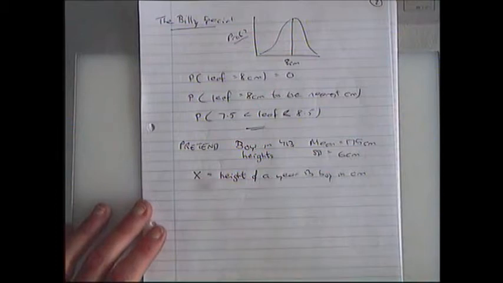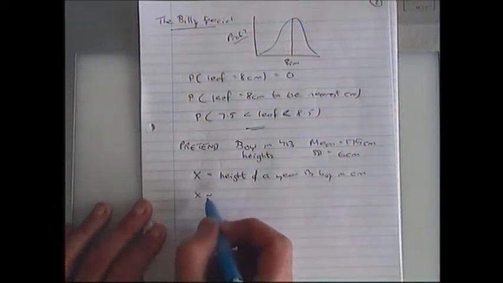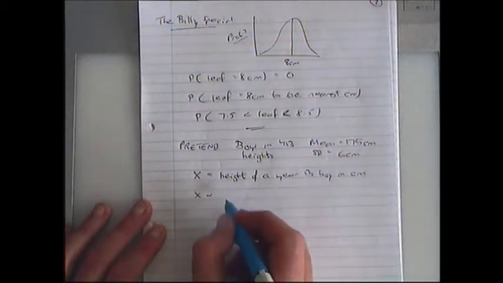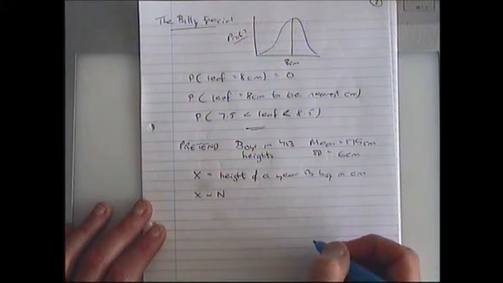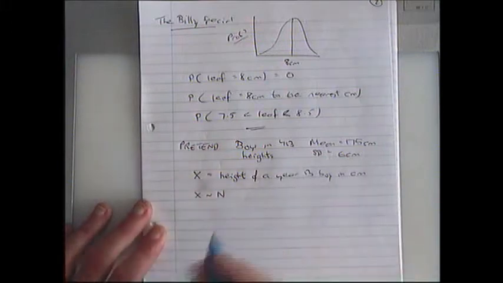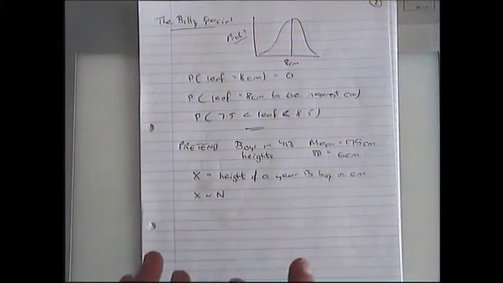So the way we write this down is X follows, with that tilde, the normal distribution, and we just use an N. When we did the binomial distribution, what came after the B for binomial? Brackets with an n and a p.